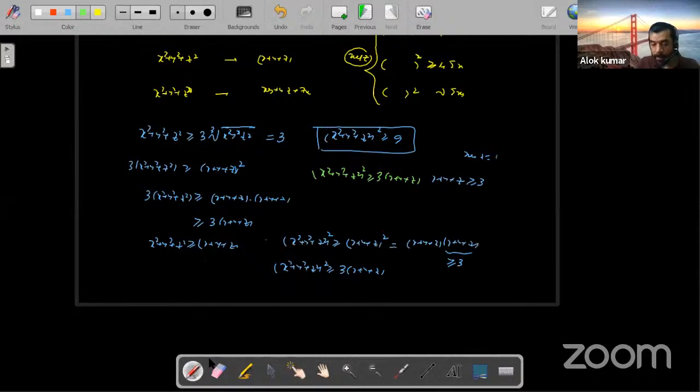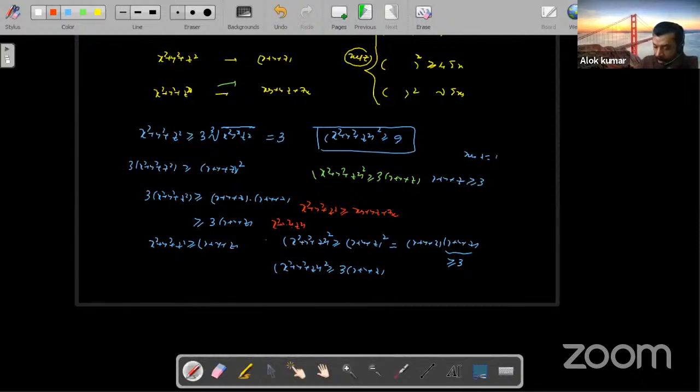Now the last step is you have to connect these things, but again linear. For this, I write x²y²z² greater than or equal to xy + yz + zx. That's all right. But a square is there, so I will square both sides.